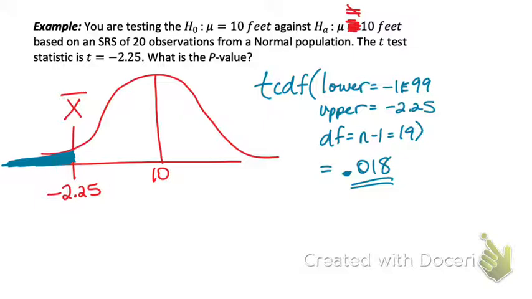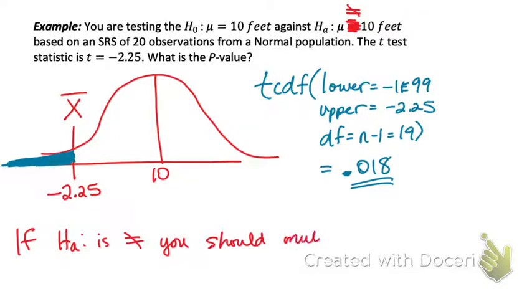So what would I do to get the true p-value if it's a not equal to double-sided test? I would multiply that by 2. Okay? So if the alternative is not equal to, you should multiply the p-value by 2.